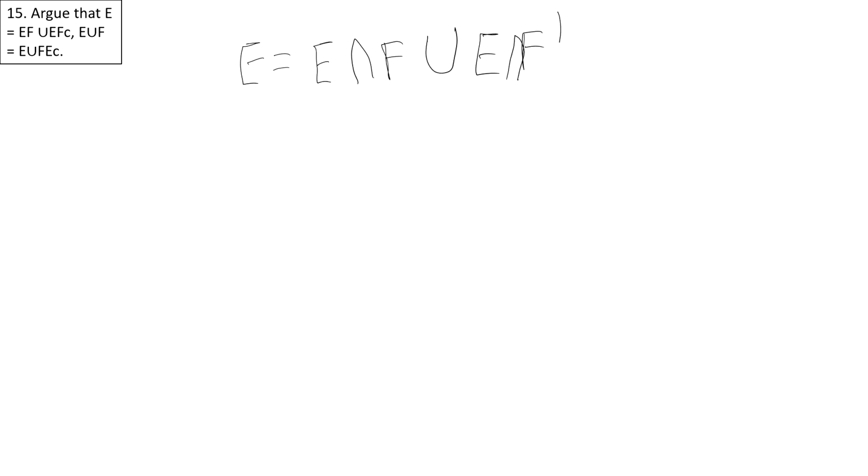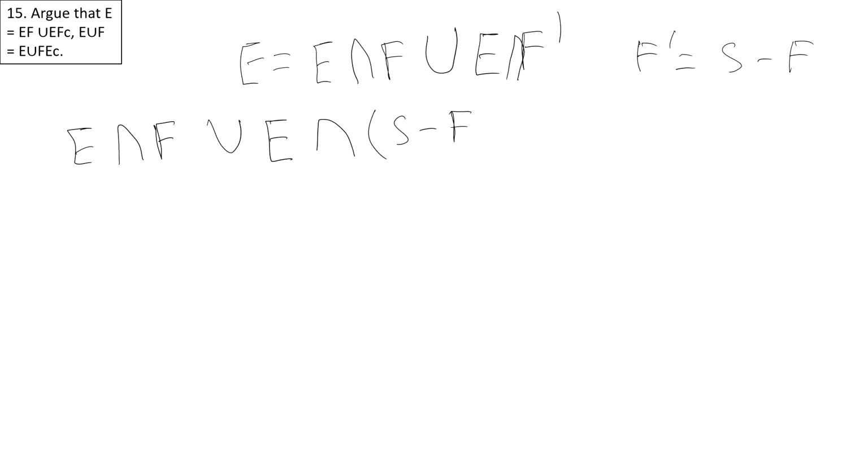E intersection F complement. We know that F complement basically means sample space minus F. So this can be written as E intersection F union E intersection (S minus F).